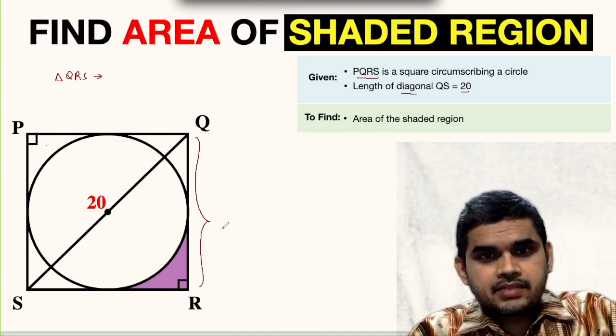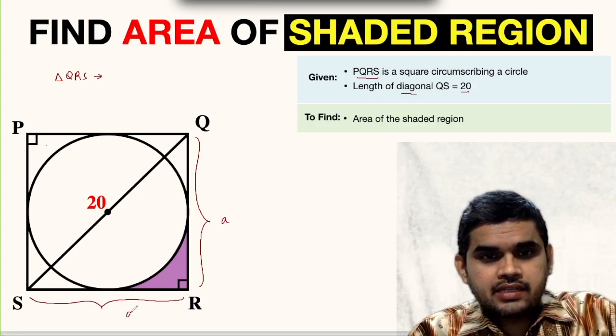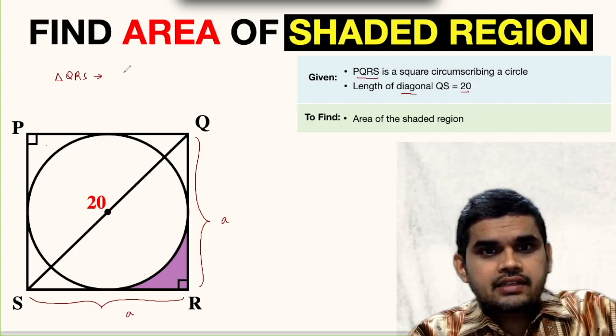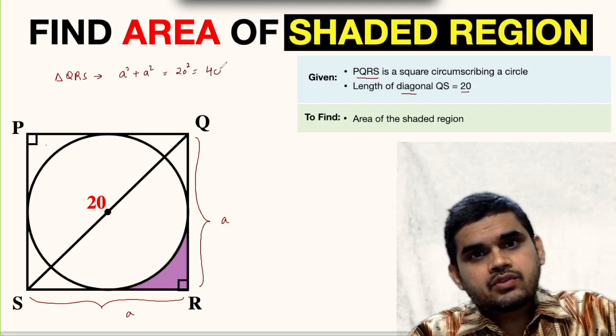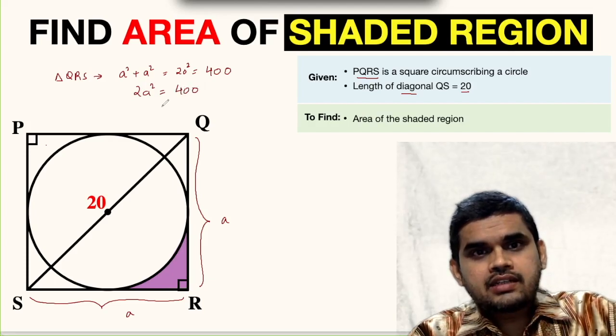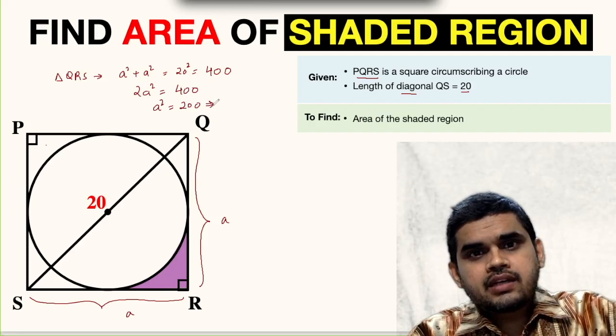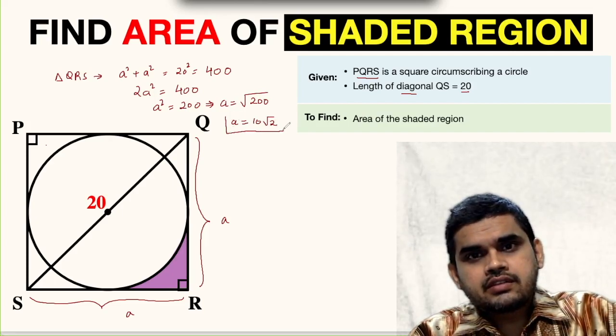Let this distance be A, and because it is a square, this distance will also be A. So A squared plus A squared is equal to 20 squared. 20 squared is 400, so 2A squared is equal to 400, so A squared is equal to 200. This implies A is equal to the square root of 200, or A is equal to 10 root 2 units.